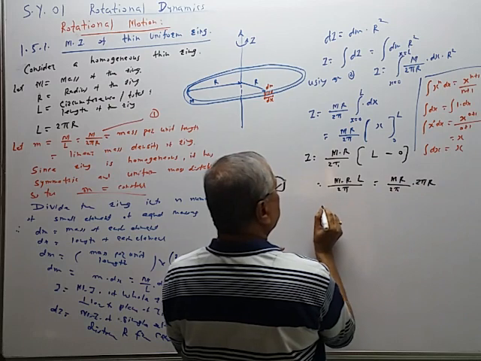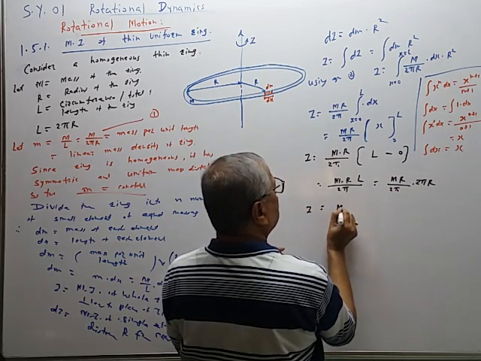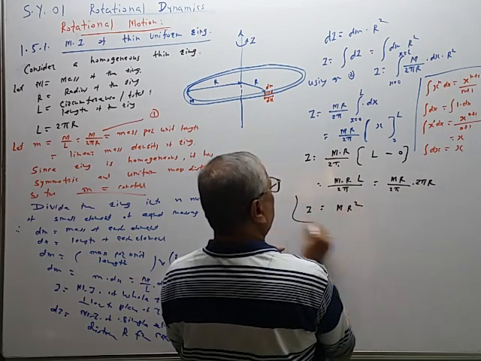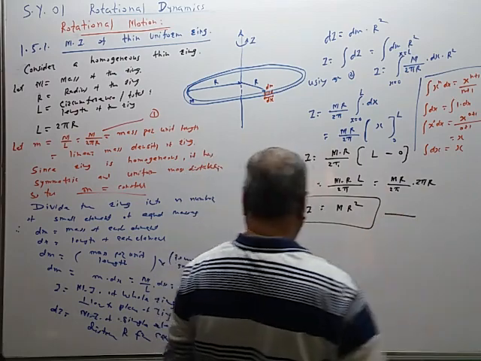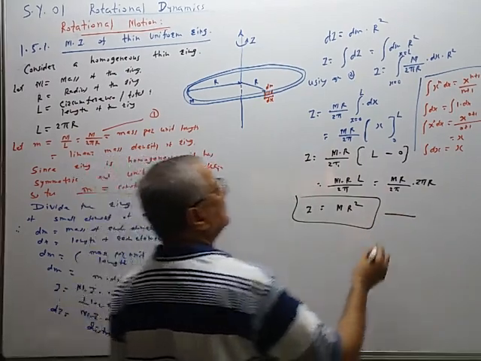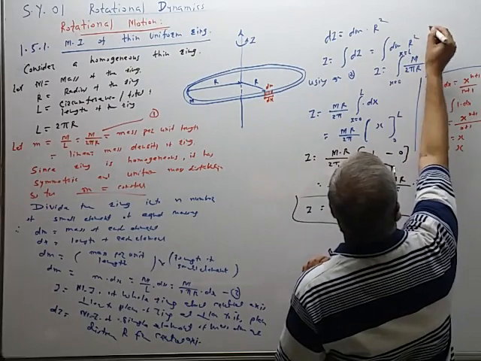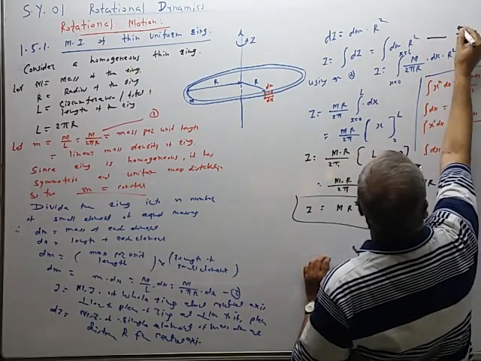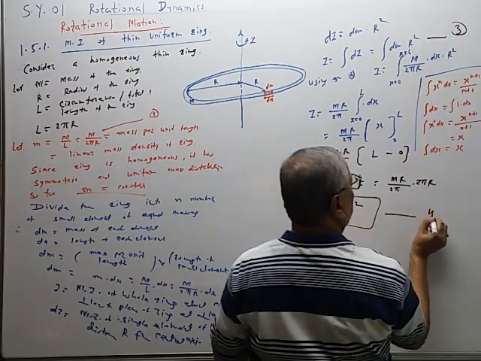So 2 pi will get cancelled. Therefore I is equal to m r square. So this is equation 3.